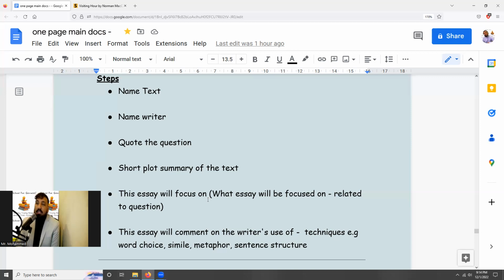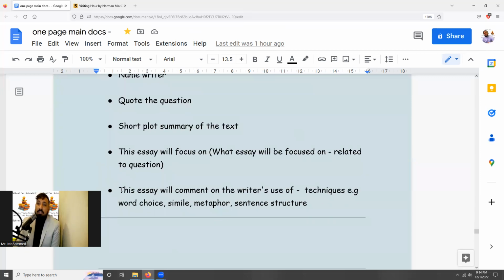Okay, and now the final thing you do is you just end by looking at your essay plan, which we spoke about in the last lesson, how to make.